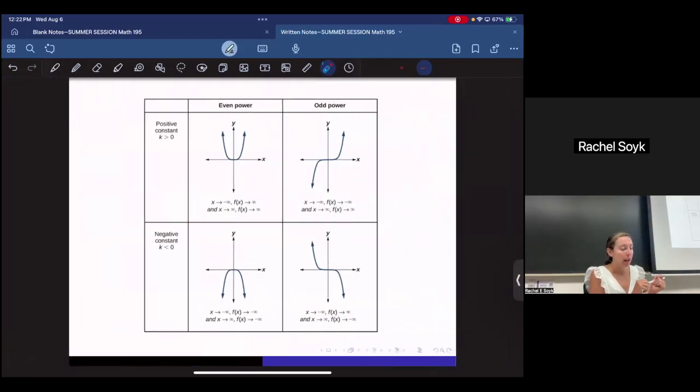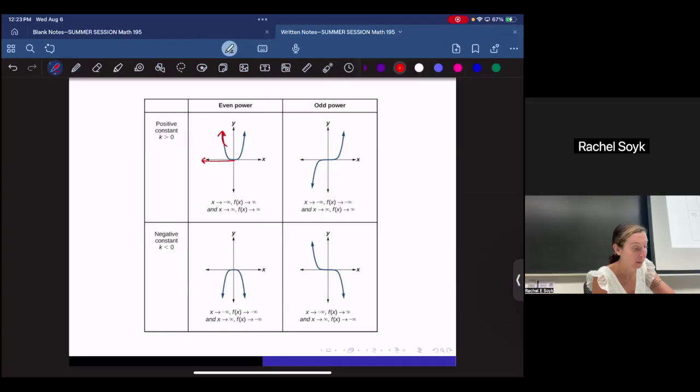And so anytime you're dealing with even power or even degree polynomials that have a k value that's positive, the easiest example you want to look at is x squared. You have this U-shaped parabola, and from there, it's very straightforward to identify what your end behaviors are. You just look at your graph, and as x approaches negative infinity, what's happening to your y values?